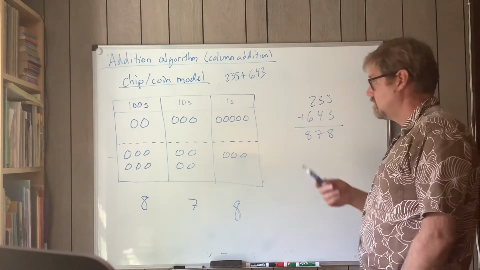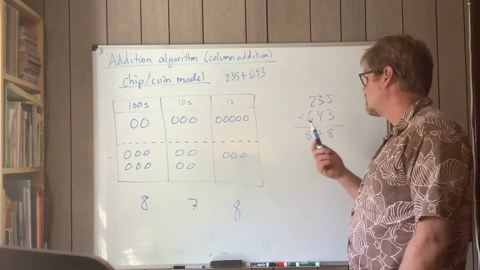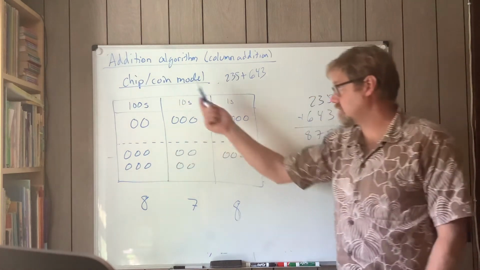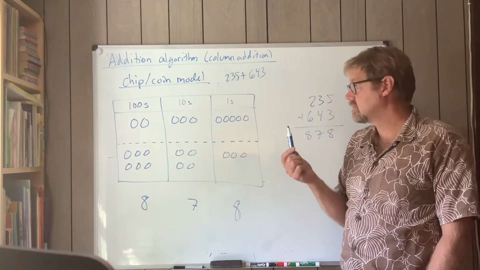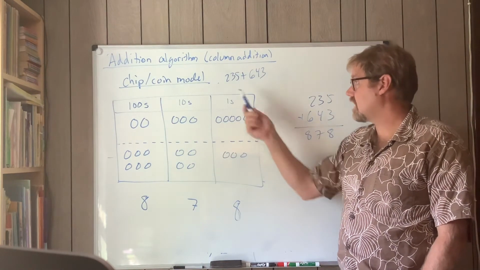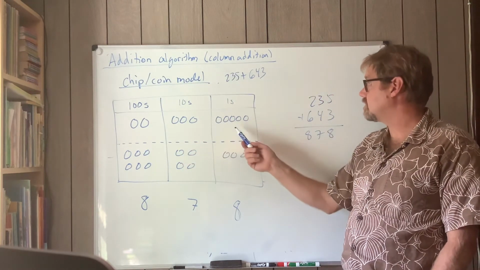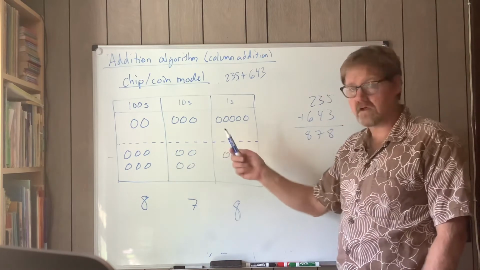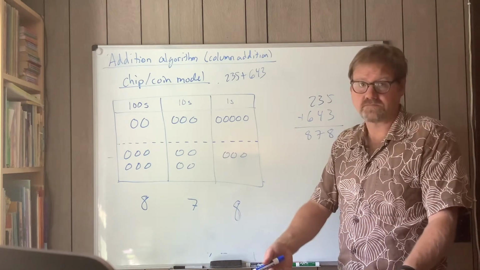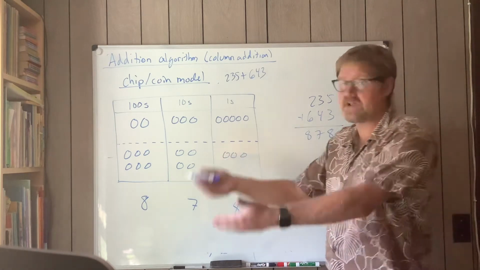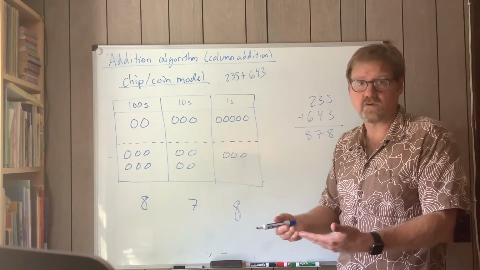In other words, here's the way to often think about this. If I think about this as coins, I've got pennies, dimes, and dollar coins. I just have $2, 3 dimes, 5 pennies, $6, 4 dimes, 3 pennies, and you lay them on the table. I just want to know how much money I have.